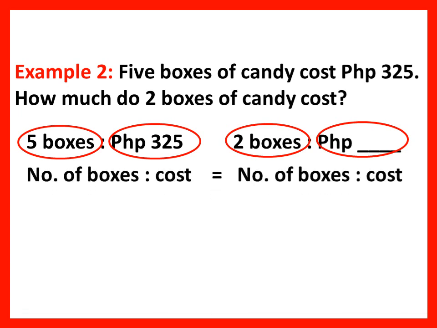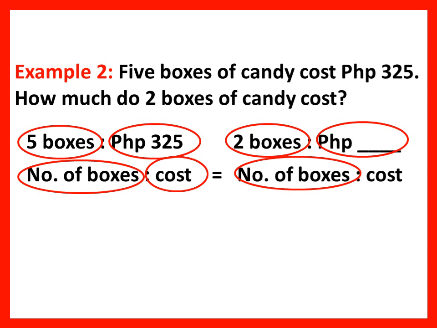So for the arrangement of the variables, it should be like this: number of boxes is to cost equals number of boxes is to cost. The number of boxes are your antecedents, or the first term and the third term of your proportion. The cost is your second term, and cost again for the fourth term.